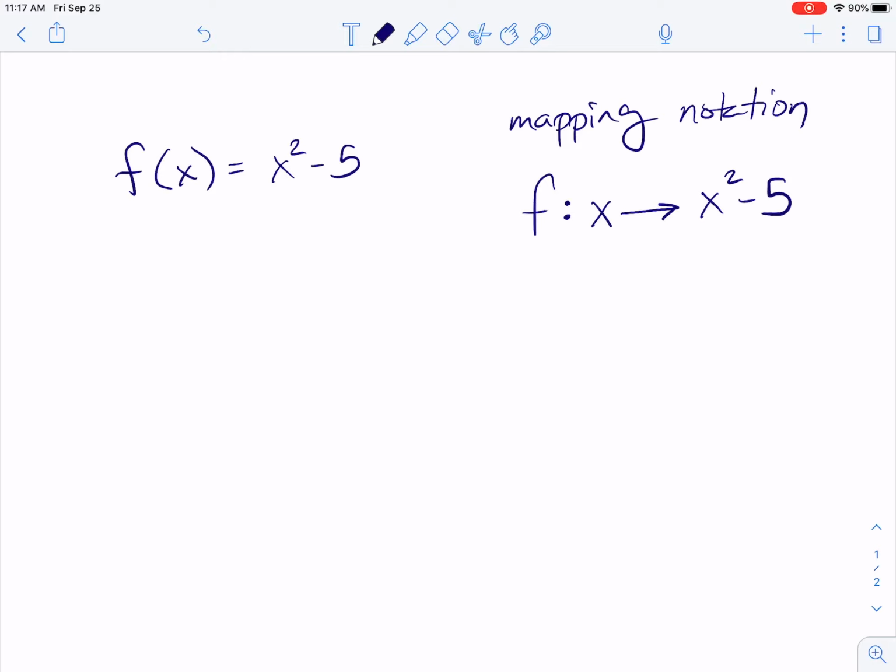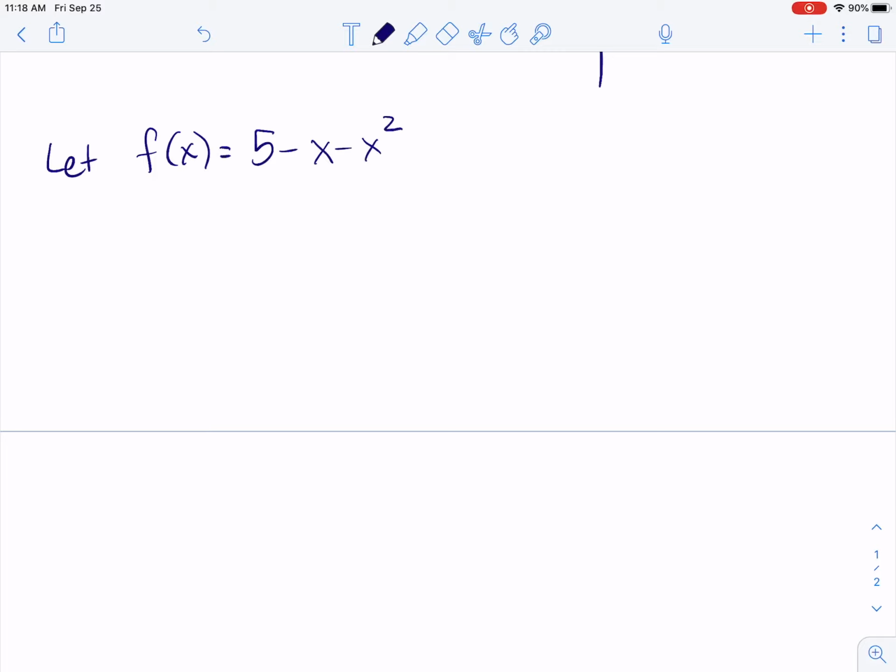Next thing I want to look at, let's say, let f of x equal, I'm doing the example out of the book plus a little. If f of x is equal to 5 minus x squared, the first thing that they ask us is to find f of negative x. So what we need to do is we're going to take this function.